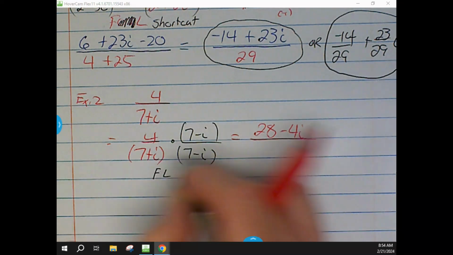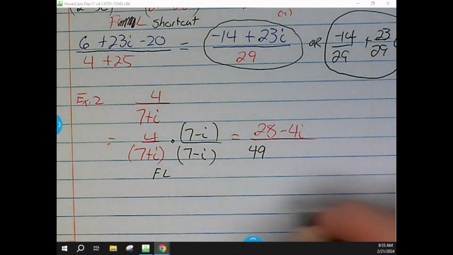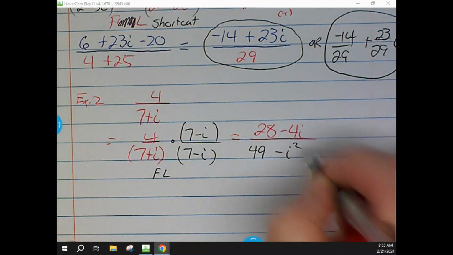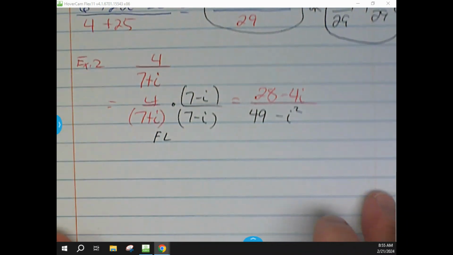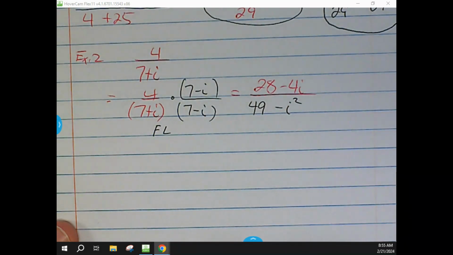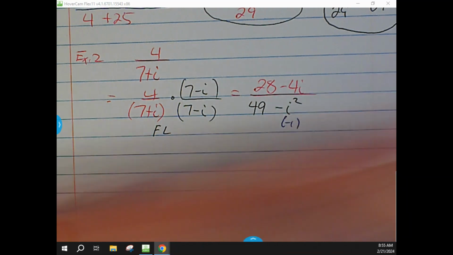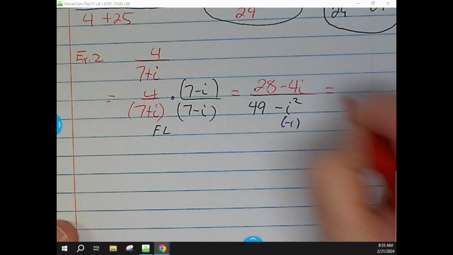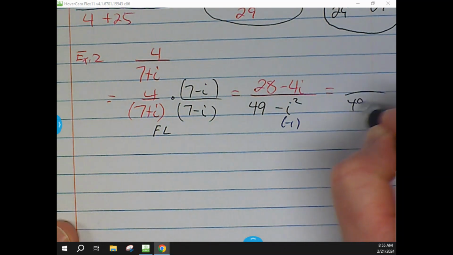So we're going to do 7 times 7 for 49. We're going to do i times i, which is i squared, and it's a negative i squared. But again, with the i squared term, we can take out the i squared term, replace it with a negative 1, so it's minus negative 1. So it's really 49 plus 1.